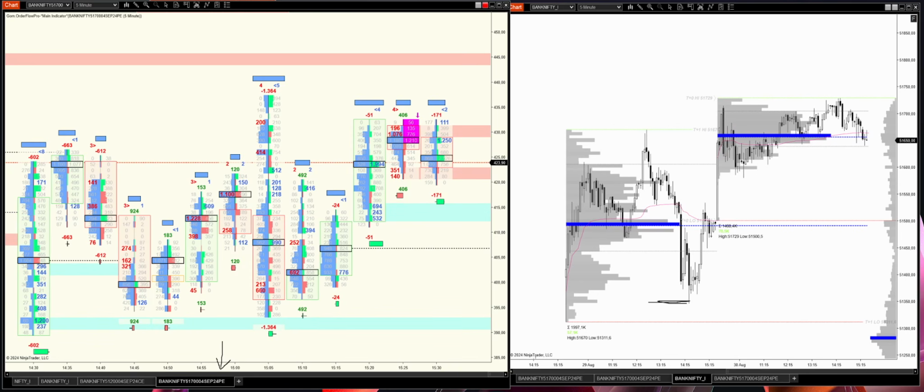Now some of you guys also asked me why do I use the PE chart, or why do I use the options chart, and why not the Bank Nifty? I can certainly use Bank Nifty futures as well.